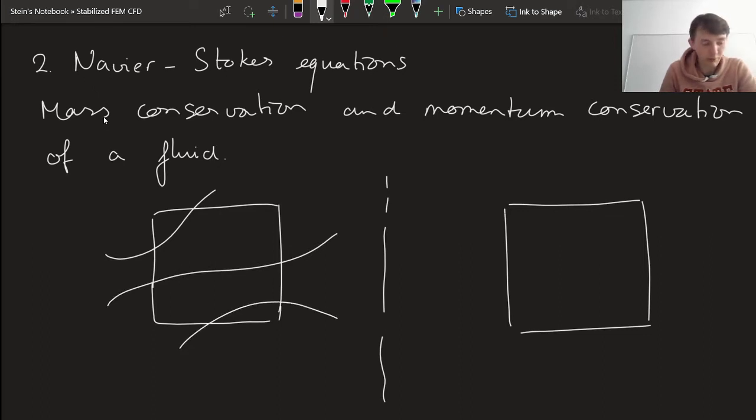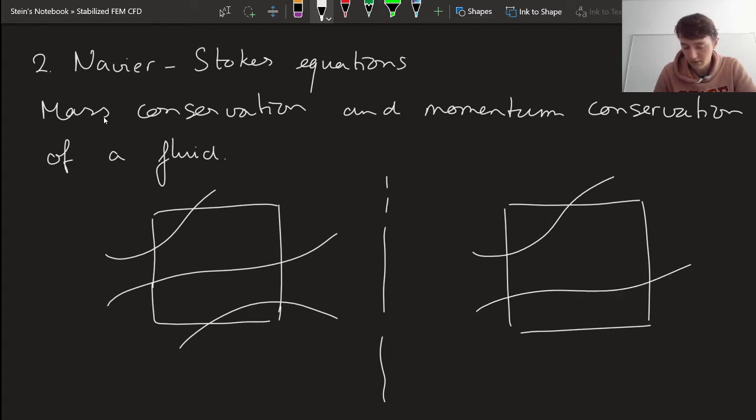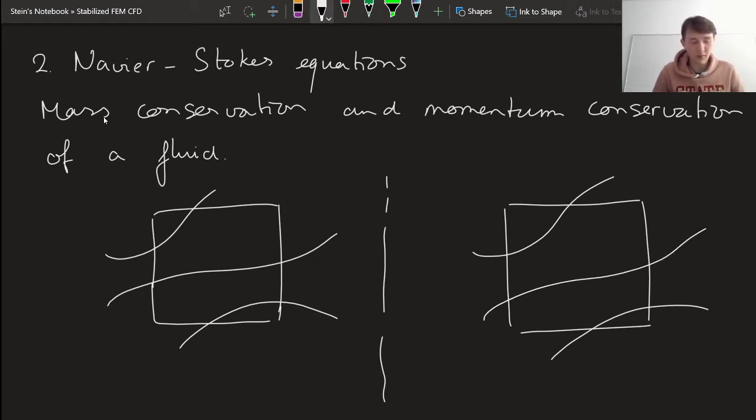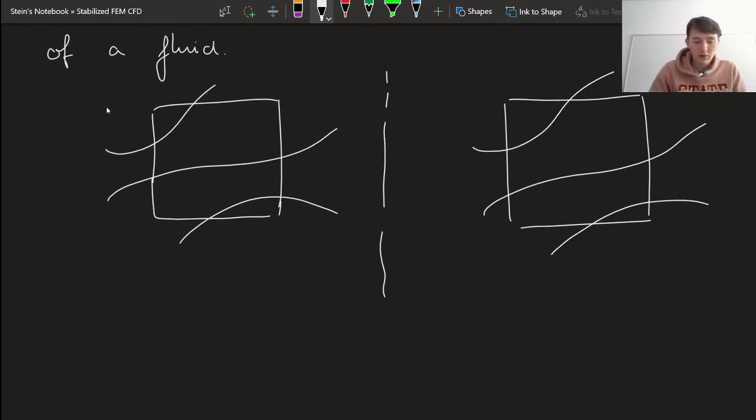So our material is passing through our reference frame. I'll try and draw roughly the same lines, left and right. So on the left, I'm going to derive the equations for mass conservation, on the right, the ones for momentum conservation.